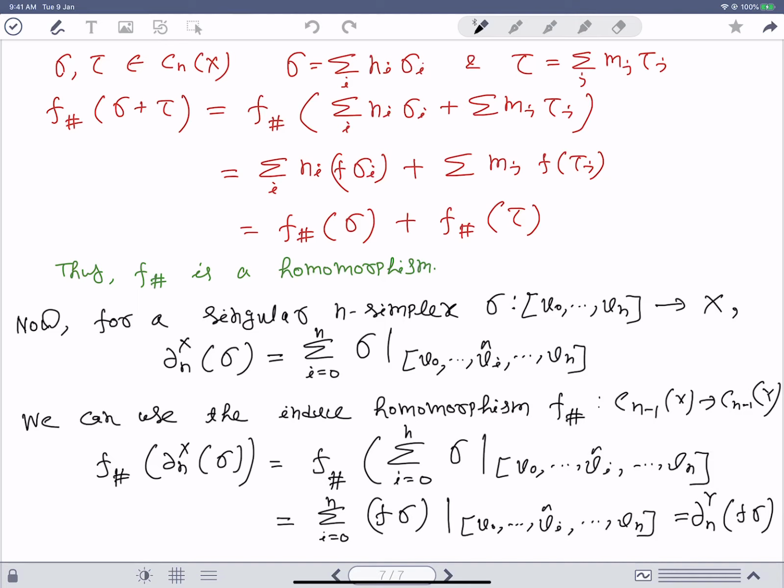Fine, is it clear? See, sigma is a singular n simplex in x, so f of sigma is a singular n simplex in y. Now if you apply this boundary map you will get this.